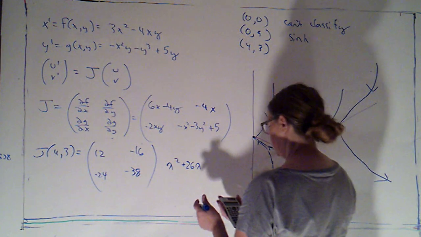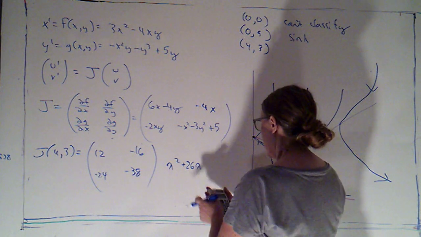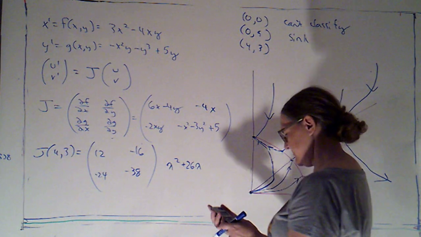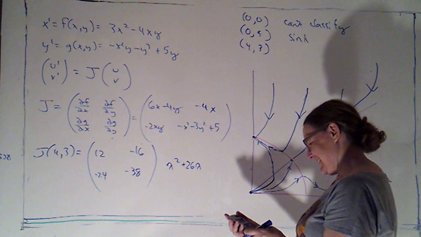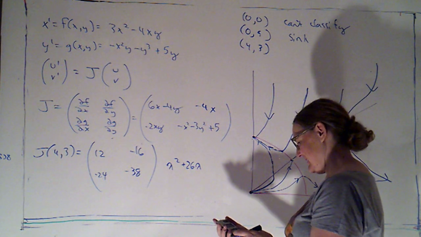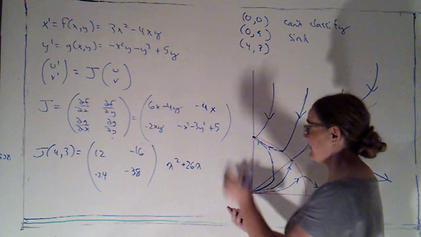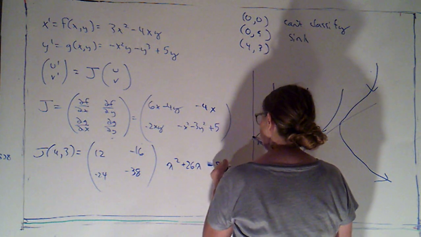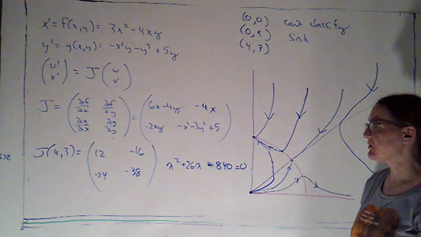That's going to give me, whoops, I got 72 because I made a sign mistake. Okay, so let's see, 12 times 38 is that. Okay. I can do this. Okay, 840. So minus 840. And then, of course, the characteristic equation, that's going to equal 0.